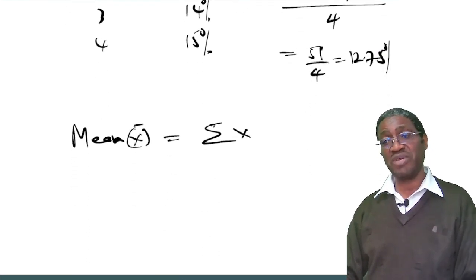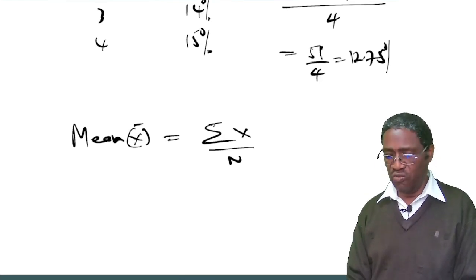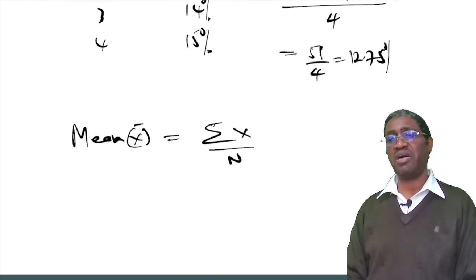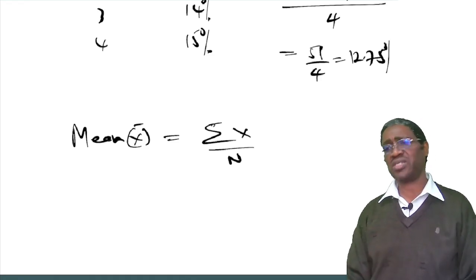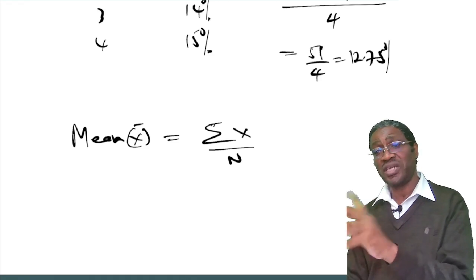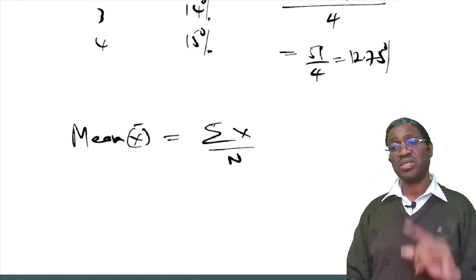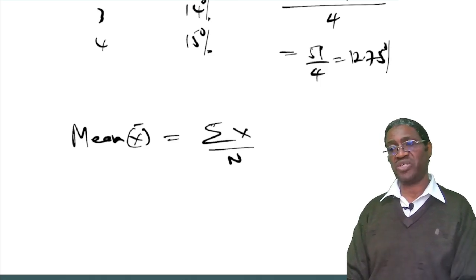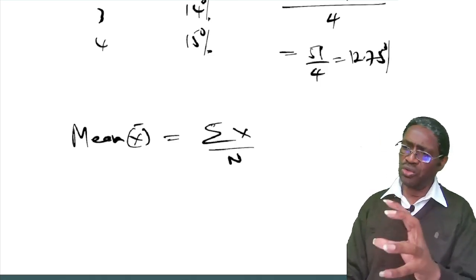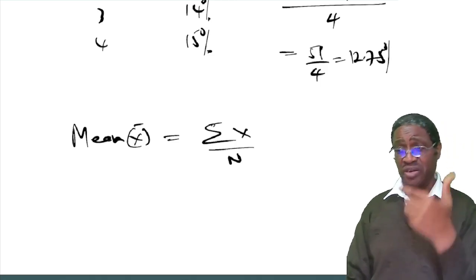You divide that by N, which is the number of observations. That's how we shall be computing the average return on a single security or investment. Good. Now you know how to compute the return on a single investment.